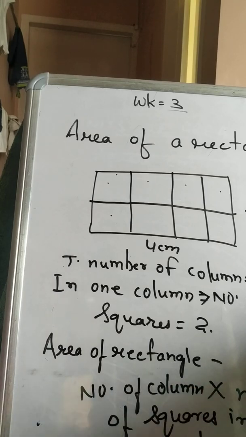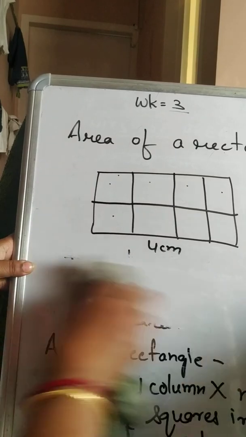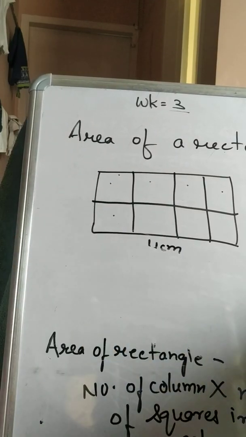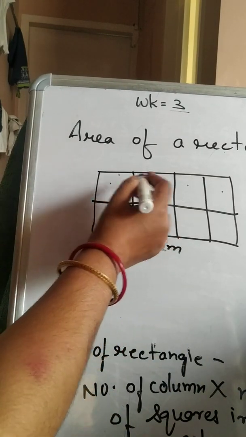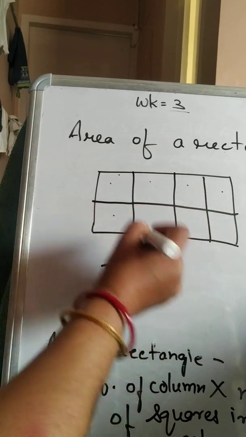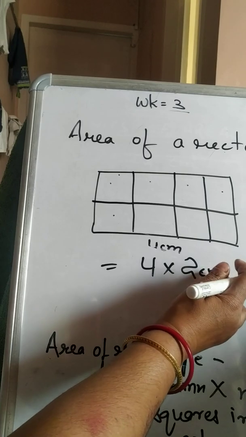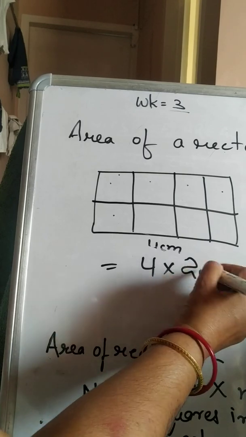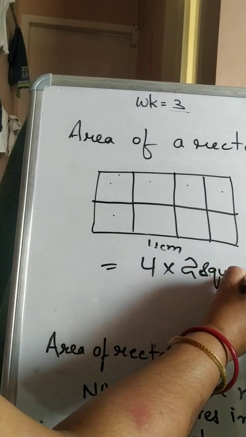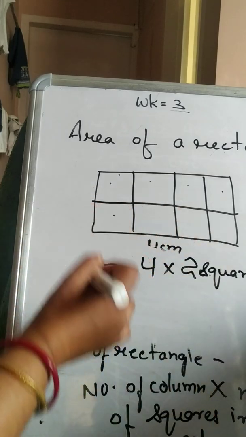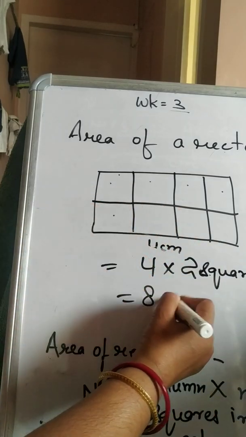Number of columns are 1, 2, 3, 4, and number of squares in each column is 2. So the total is 8 squares.